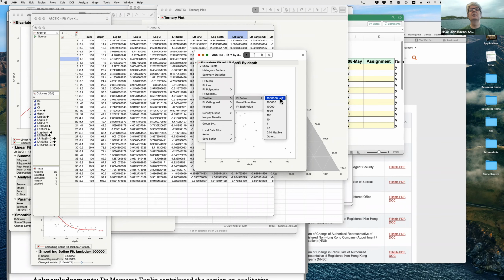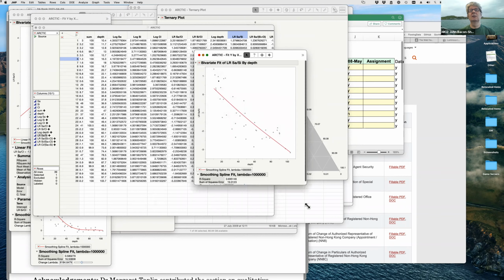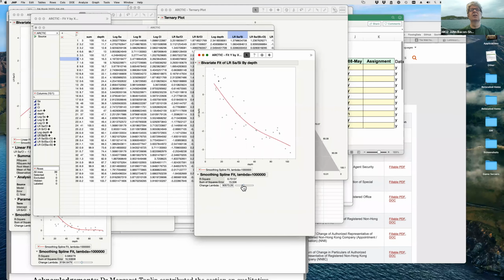Again, if we fit the smoother here, you can see that generally there's nothing that looks so odd here. So it looks generally like sand to silica, we've got that the shallow ones have slightly more sand than silica. And then as the depth increases, generally, we're getting more and more silica relative to the sand.